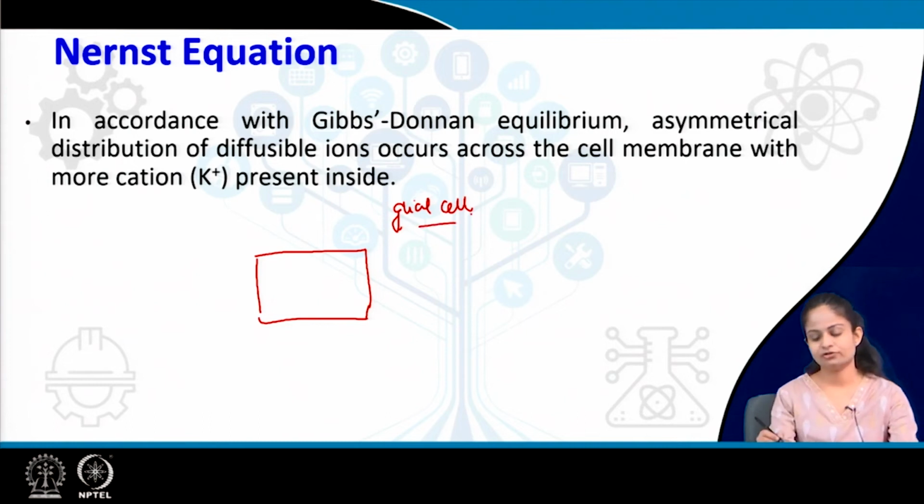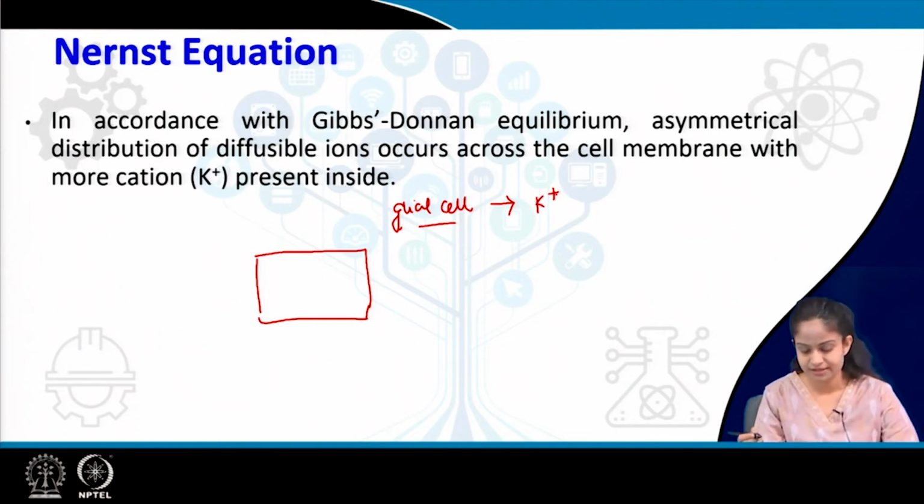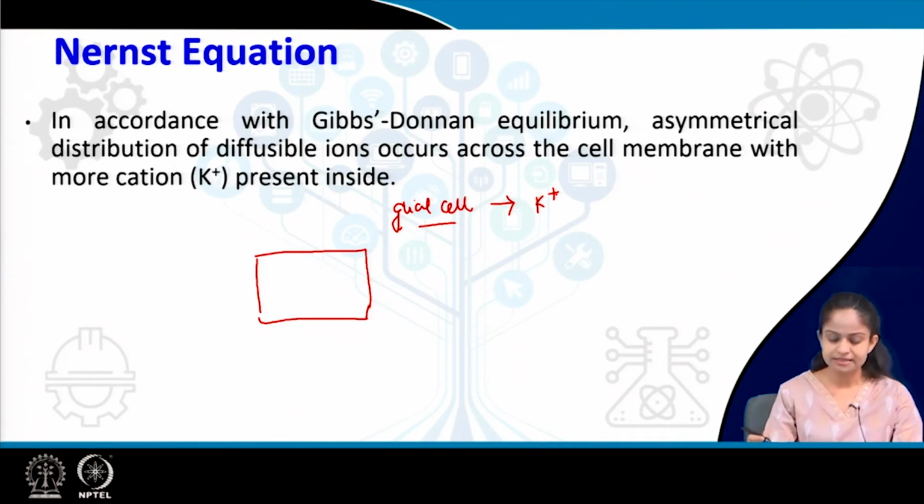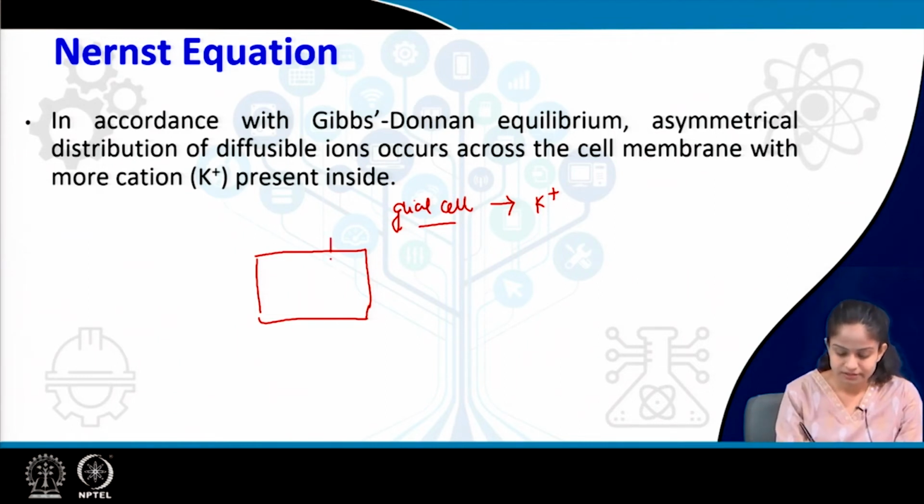The glial cell of the nervous system is very specific because it usually consists of one type of leaky channel, that is potassium. So, they do not usually have other types of channels. When we are considering only one ion channel, we calculate the Nernst equation. So, here there is a leaky channel of potassium.